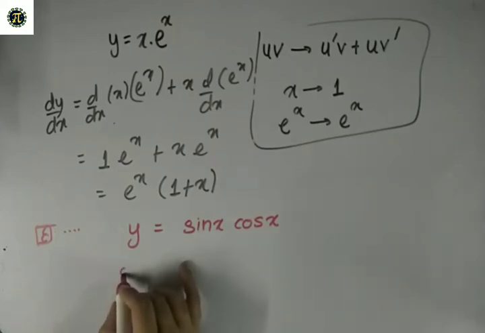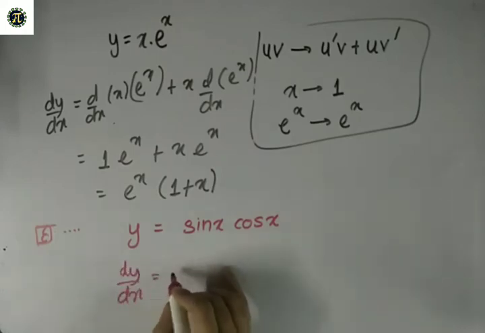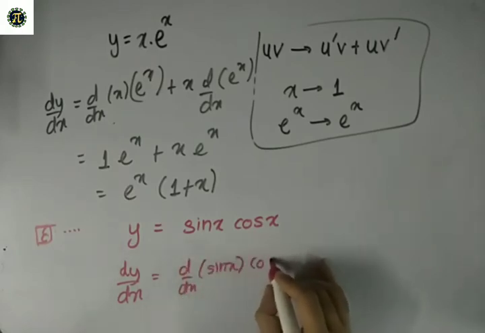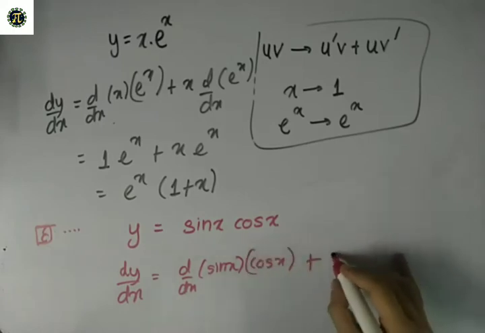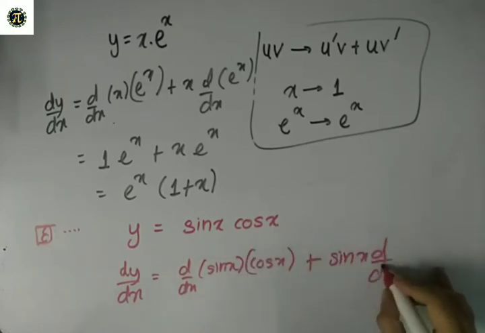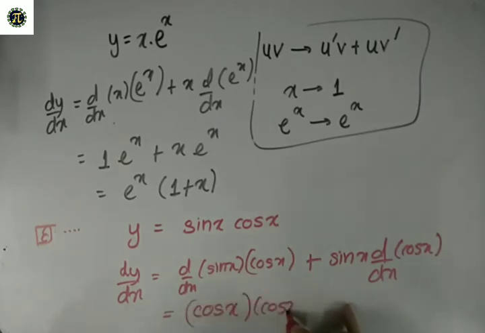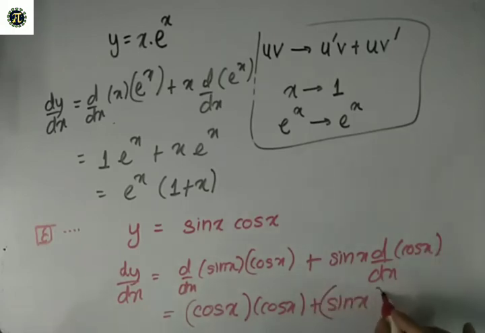So dy by dx, so differentiation of the first function, d dx of sin x, cos x remains same, plus sin x into d dx of cos x. Sin x's differentiation is cos x, so we have cos x into cos x plus sin x, and differentiation of cos x is minus sin x. So we get cos square x minus sin square x.